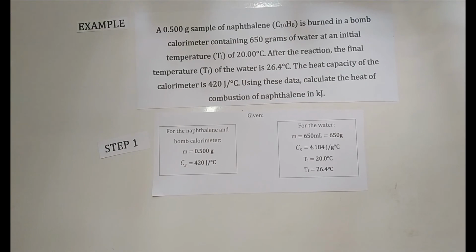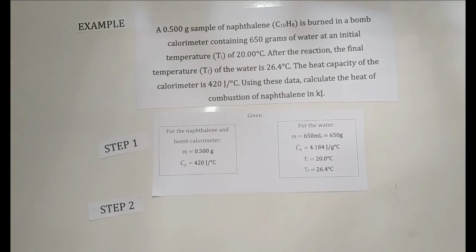And for the water, we have the given mass of 650 milliliters, which is also equivalent to 650 grams, and the specific heat capacity of water, which can be googled and searched, that equals 4.184 joules per gram degree Celsius, the initial temperature of 20 degrees Celsius, and the final temperature of 26.4 degrees Celsius.